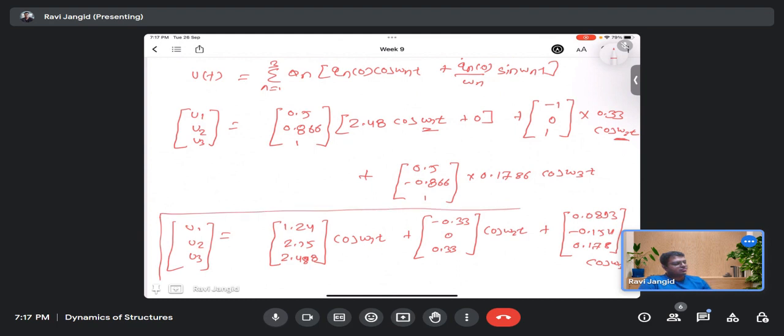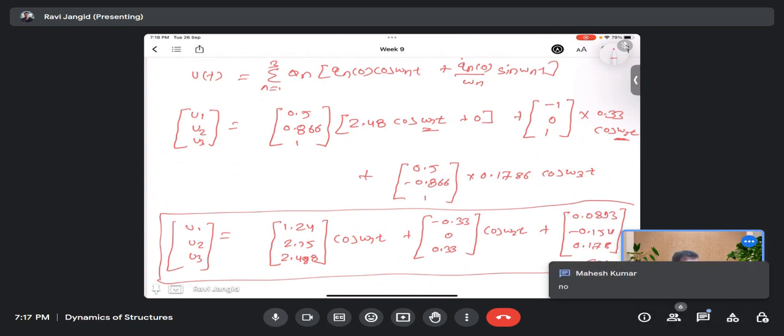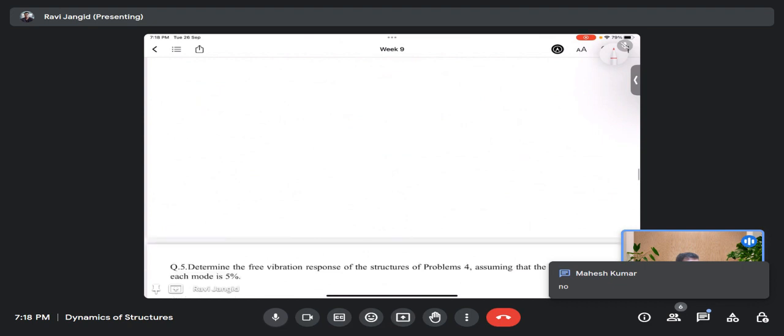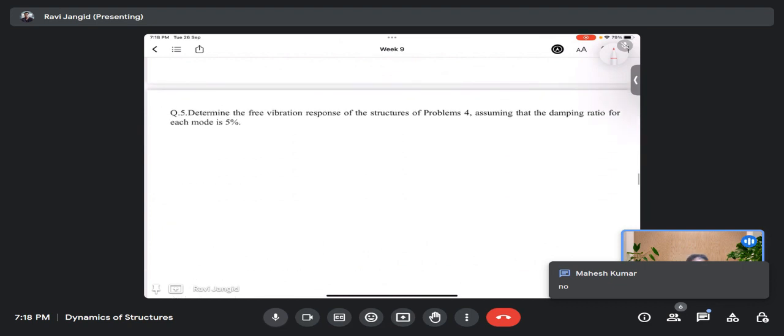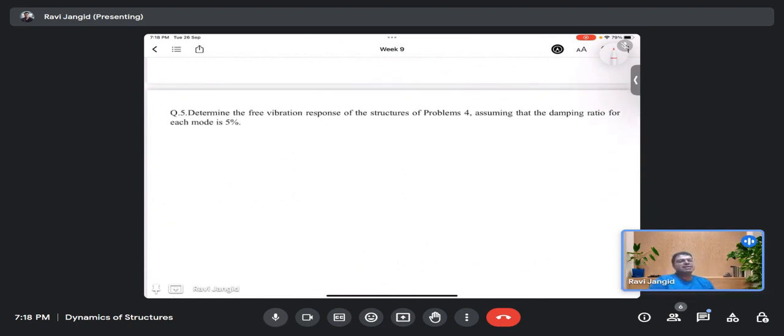Now the next question is the same problem considering the damping. I'm using the same problem because you do not need to find the m and k again.